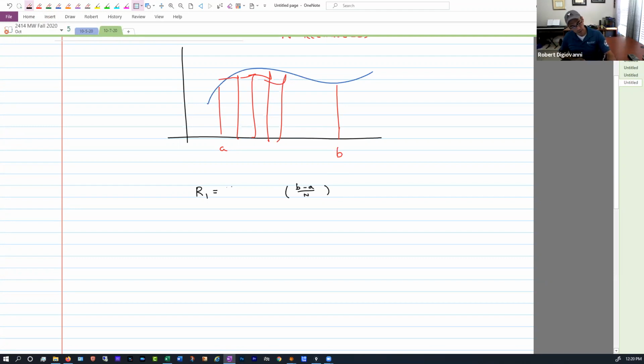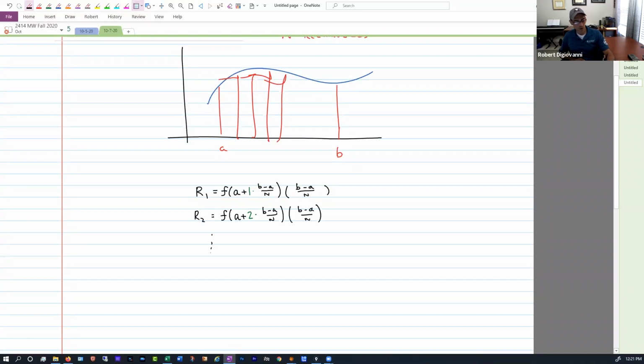All right, and then we're going to have the function evaluated at A plus one of those jumps. How big is the jump? B minus A over N. Make sense? And then the second rectangle would be the function evaluated at A plus now my second jump, 2 jumps I should say, whatever that number is, and then times the width of the rectangle.